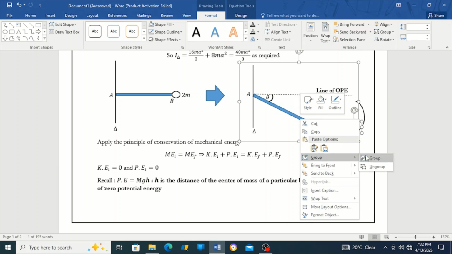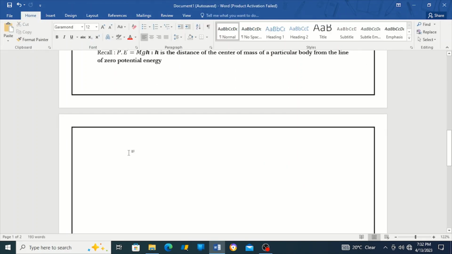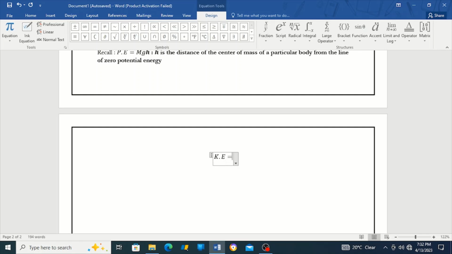Now, what is kinetic energy? Kinetic energy of a certain body is half times the mass of the body times the square of the speed of that body. But since it was rotating, we need the angular speed, omega, all squared. So this gives half times m, then m r squared, omega squared.